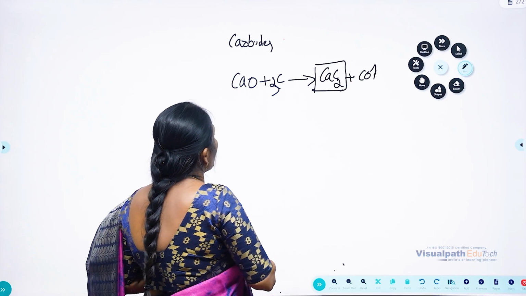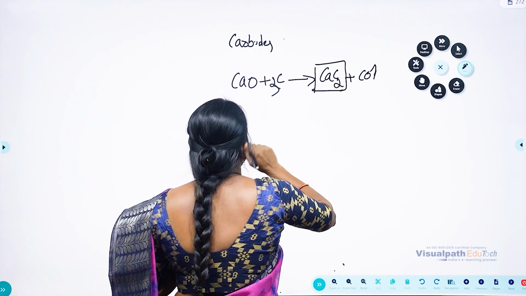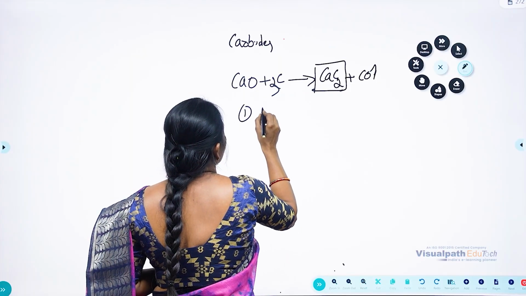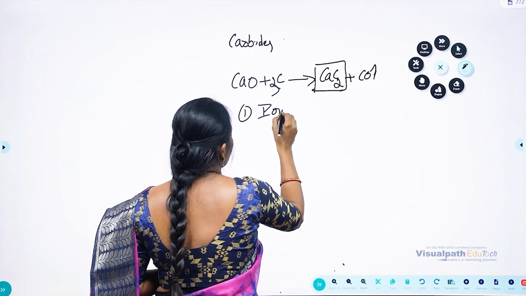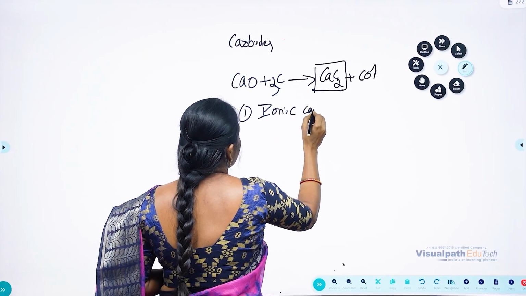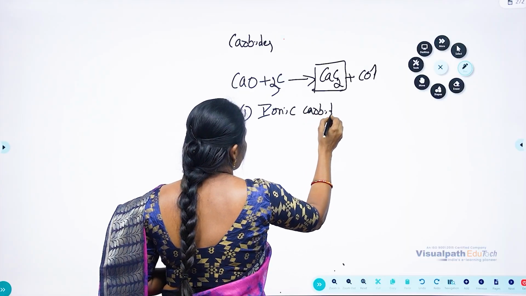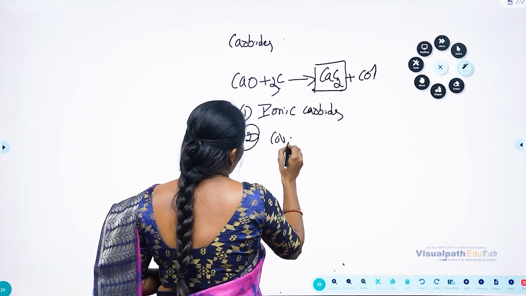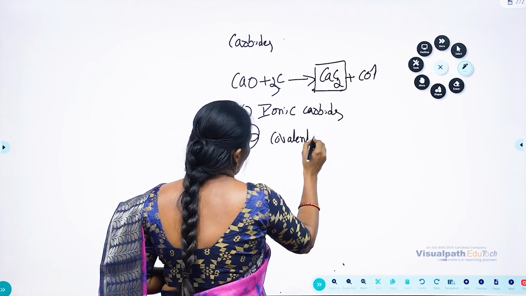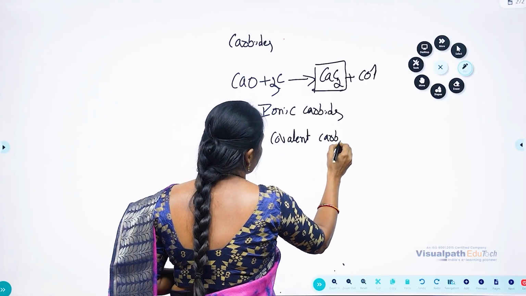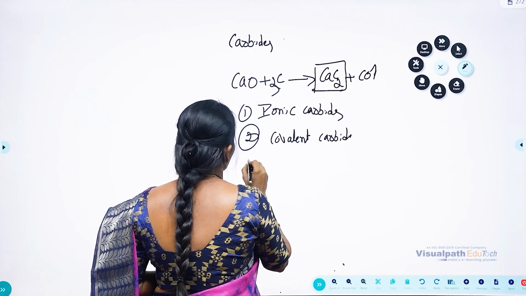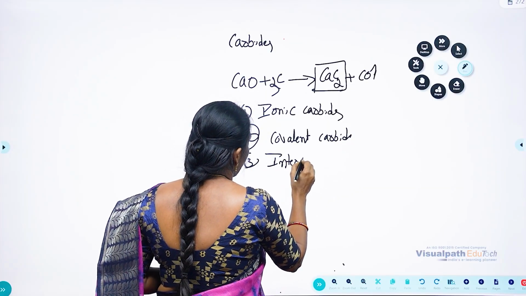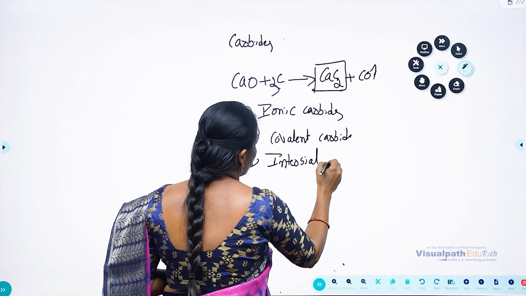Okay, here it is the carbide molecule. These carbide molecules can be classified into three types: one is the ionic carbides, next one is the covalent carbides, and next one is the interstitial carbides.